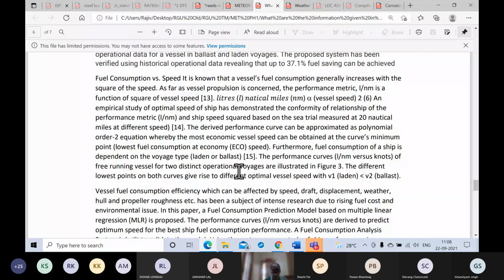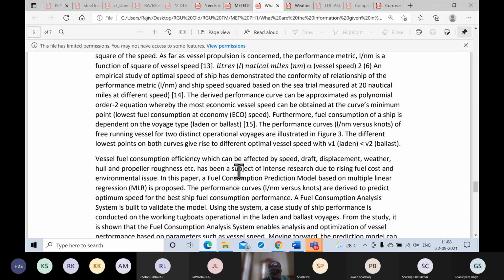Now, the vessel's fuel consumption can be affected by speed, draft, displacement, weather, hull and propeller roughness. If the propeller is not smooth, it will consume more fuel, which is the reason why the propeller is polished in the dry dock also. The performance curves are drawn up by the logistics in the office of the ship owner to conclude what is the optimum speed which can be achieved under certain weather conditions.